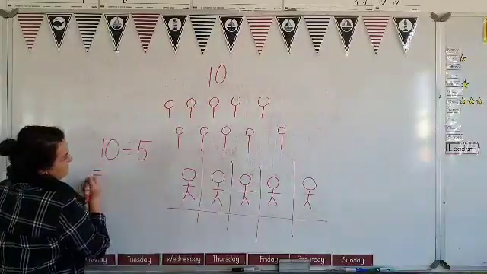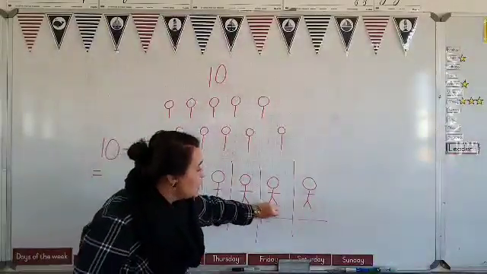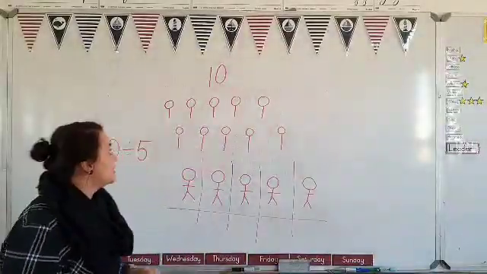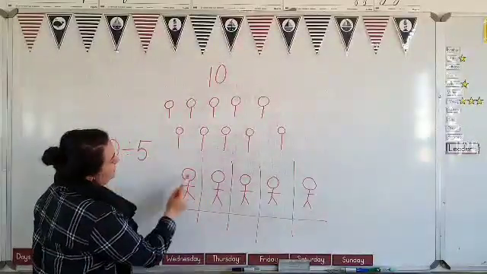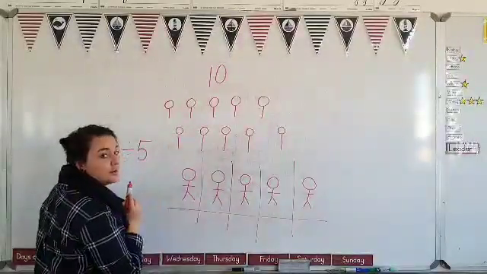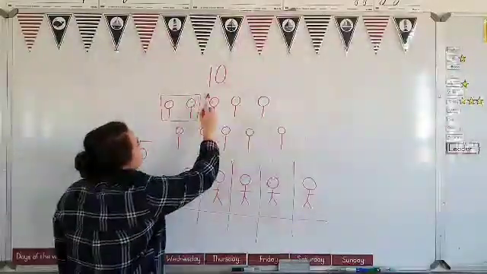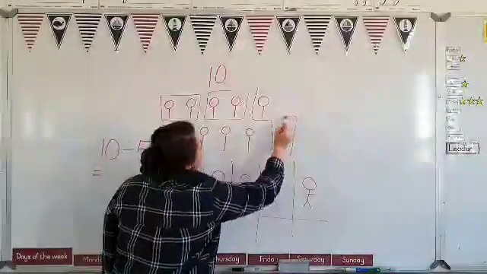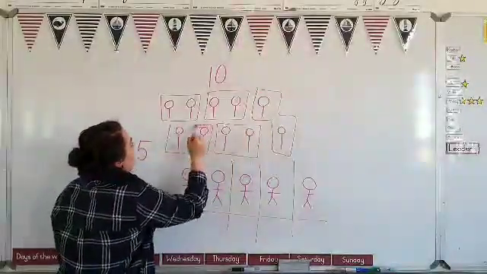Alright. Now we have to divide them to see how many each learner will get. What will the equal amount be in each group? So, there are 5. Let's see if we can do it 2 by 2. 1, 2, 1, 2, 1, 2. There we go.